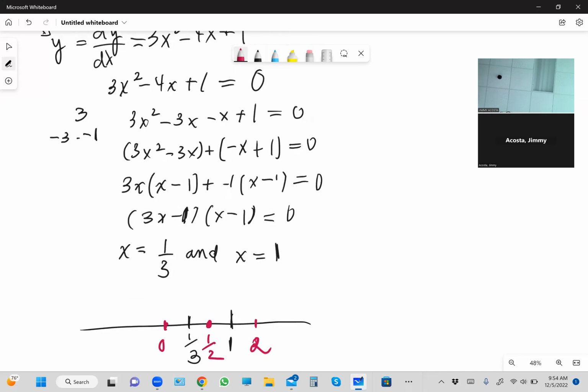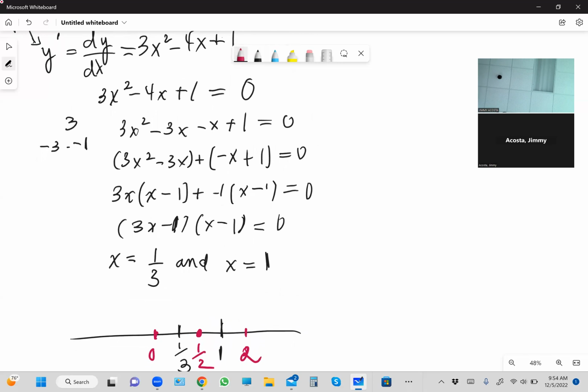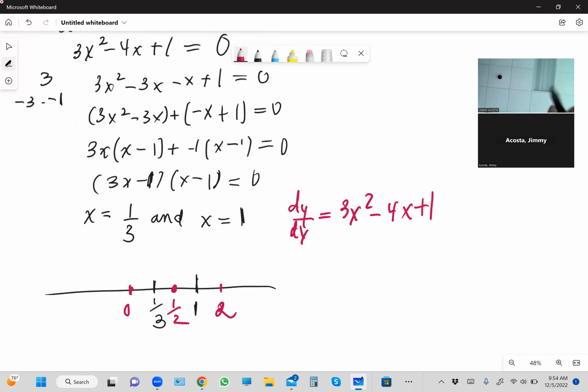So we're picking a derivative. So the derivative, dy dx, equals 3x squared minus 4x plus 1. Agreed? So with 0 comes out positive, right? If we go dy dx here, 3 times 0 minus 4 times 0 plus 1, you can tell it comes out positive.